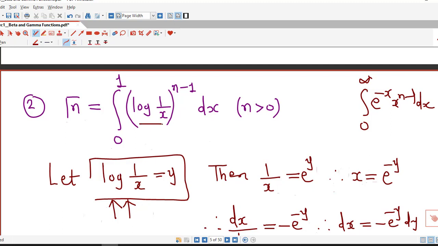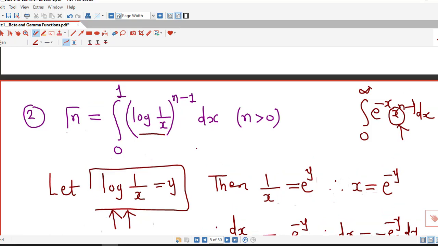Like this, here we have (log 1 by x) raised to n minus 1. So we can compare with x raised to n minus 1, and from that we get the idea that we can select log 1 by x equal to y.